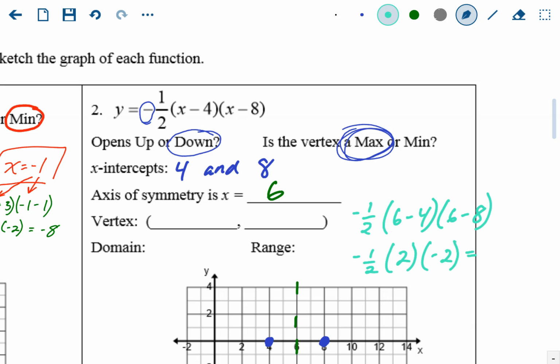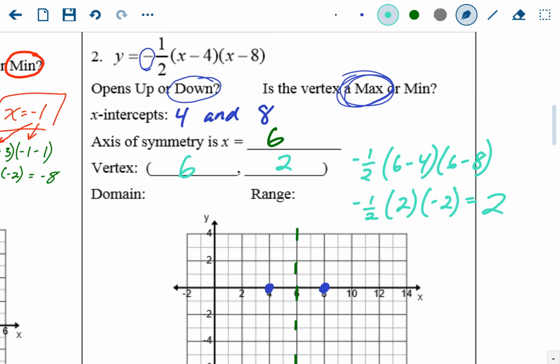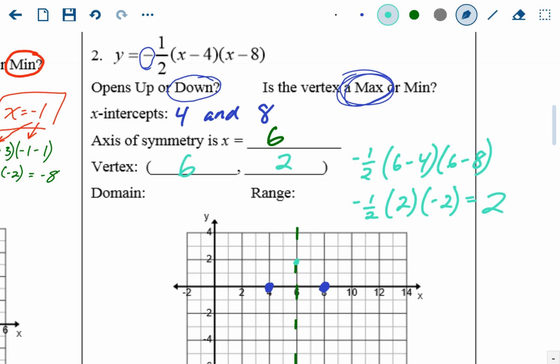It's going to give us positive, it's going to be -4, positive 2. So our vertex is going to be the axis of symmetry 6, 2, which is right here on the graph. Now we knew that was going to be bigger than the x-intercepts because we knew our parabola opens down, so the vertex has to be the highest point.